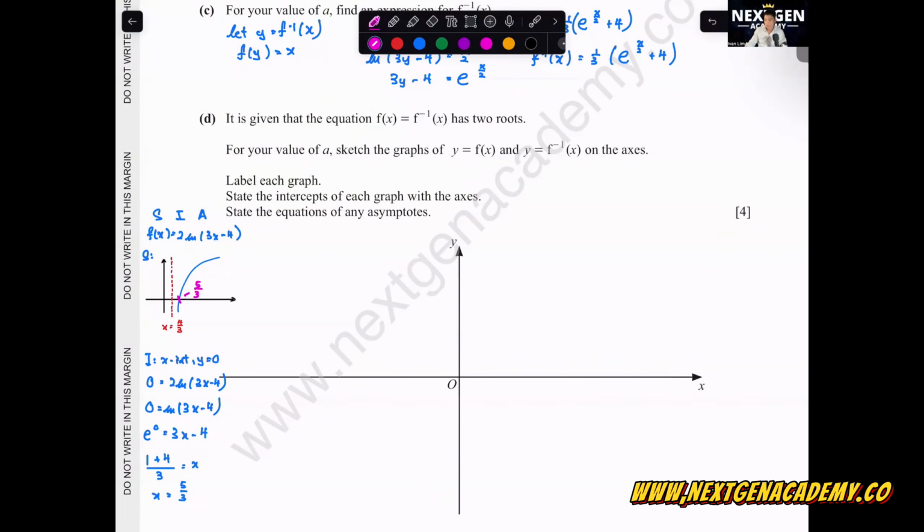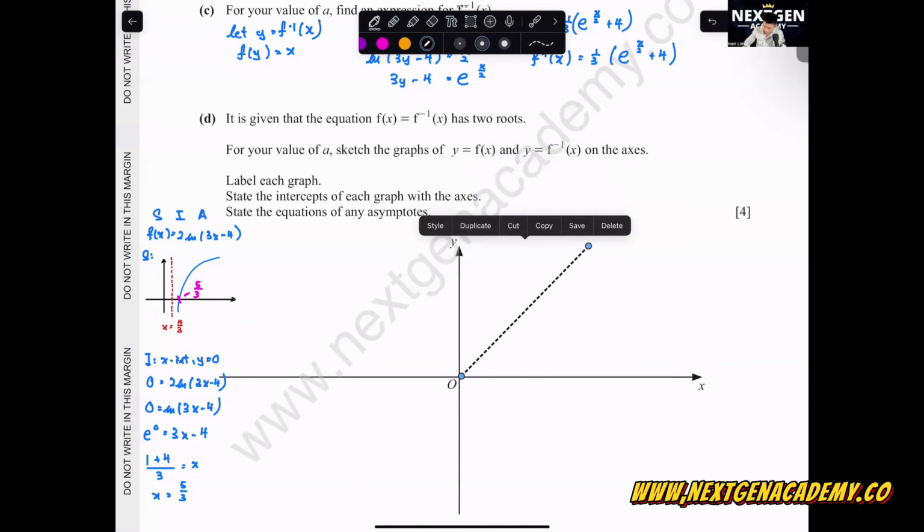Then for f inverse x, whenever you want to draw the f inverse x graph, I want you all to draw out your y equals x line. So it's a line directly in the middle of your x and y axes. Okay, y equals x.